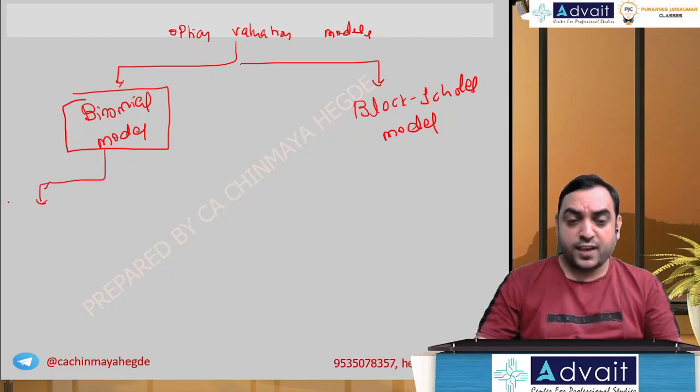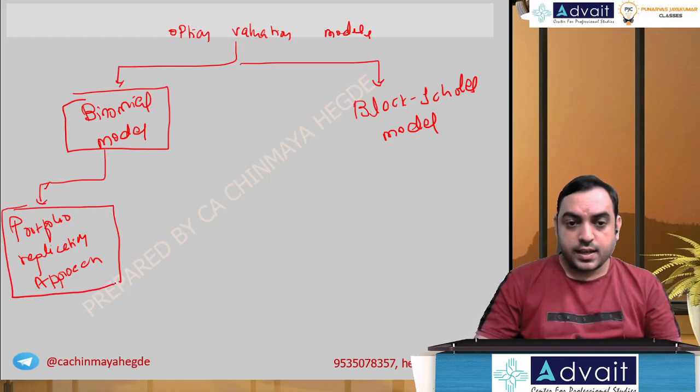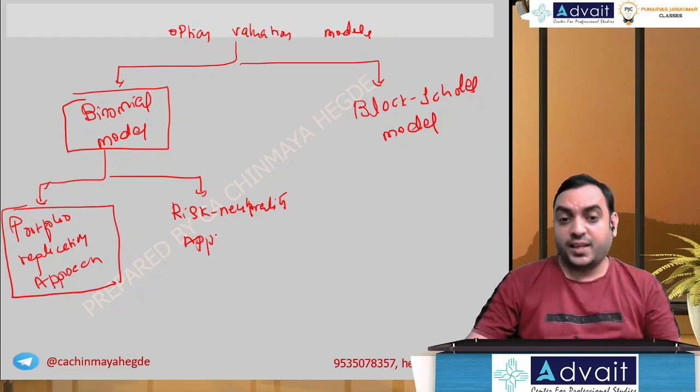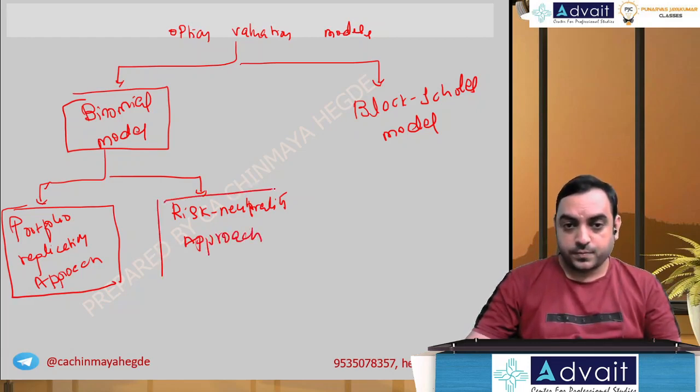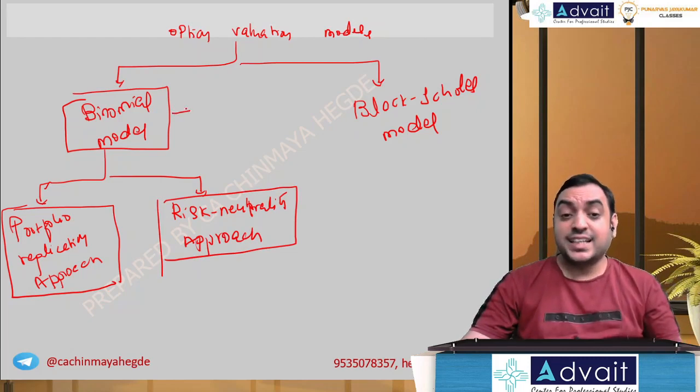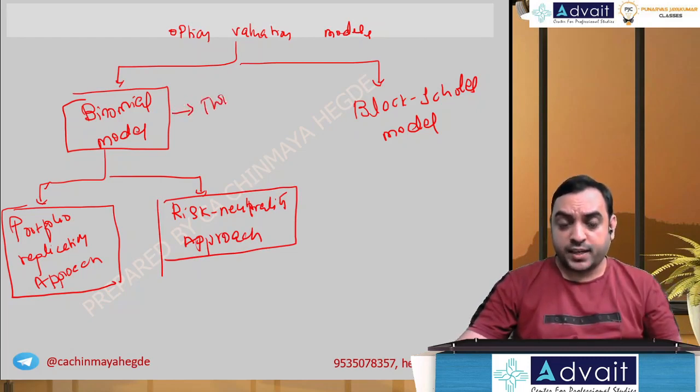One approach is called the portfolio replication approach. And we have the risk neutrality approach. In the binomial model, the basic assumption is we will have only two possible market prices on expiry.